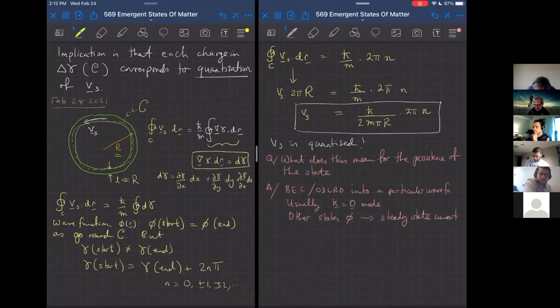And if they don't have k equals 0, then what these other states would have, if I were to compute the phase, well, that's going to have higher energy. So, for example, in this particular state over here, if we just have a uniform state with n equals 0, that just means the fluid is at rest. The lowest current-carrying state is with n equals 1, and so the fluid is going around at the lowest quantization.